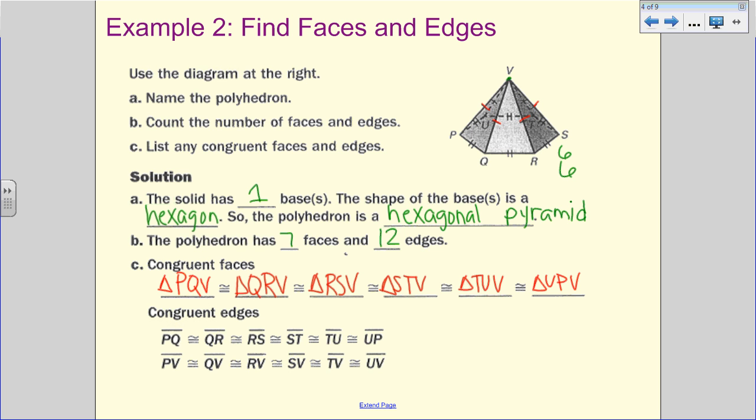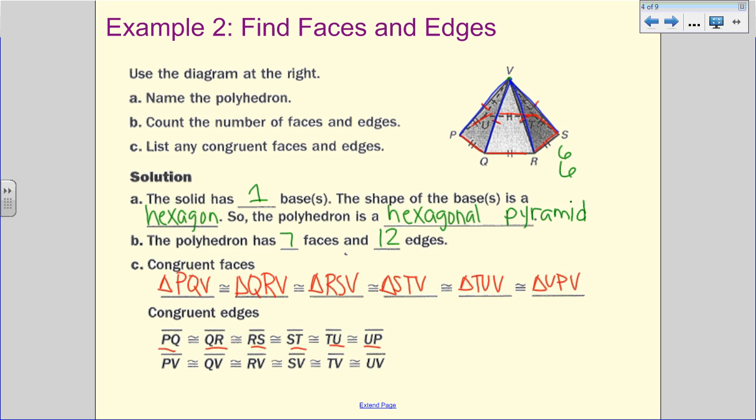And then the congruent edges are just every segment around the base. So PQ is congruent to QR, is congruent to RS, so we can see all of these are congruent. So they named those 6 congruent sides. And notice they stop because now we have the edges coming up from each vertex as being congruent.